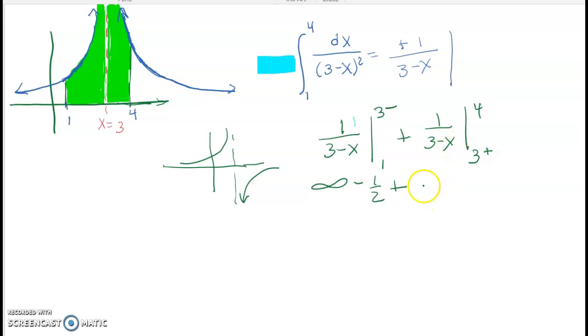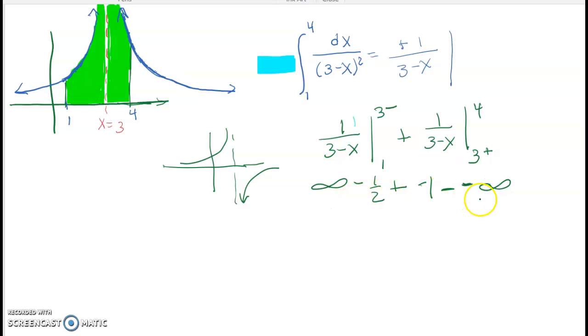So that one is going to be, oh, I jumped the gun, sorry. When I plug in 4, I'm at negative 1, and then here's my FTC, minus, when I plug in that 3, I'm at negative infinity.